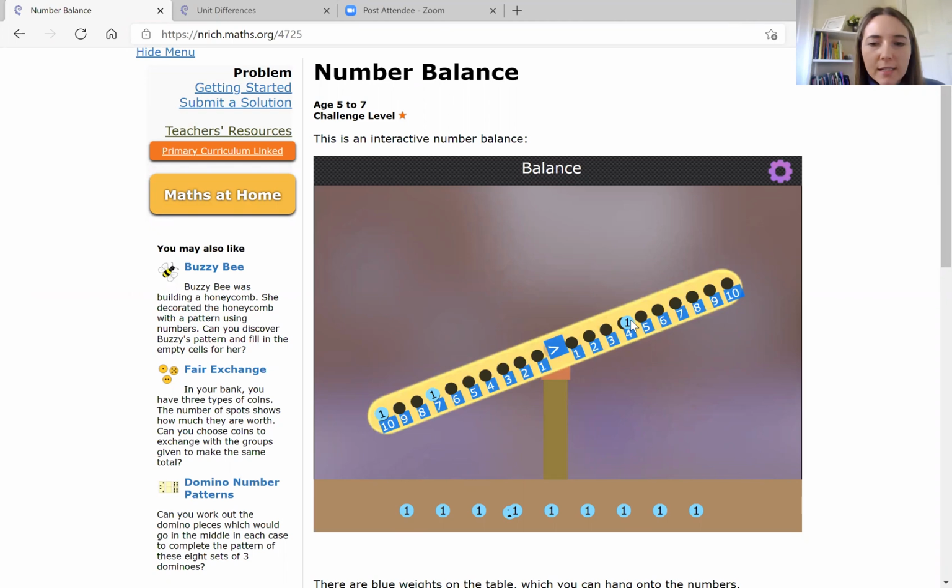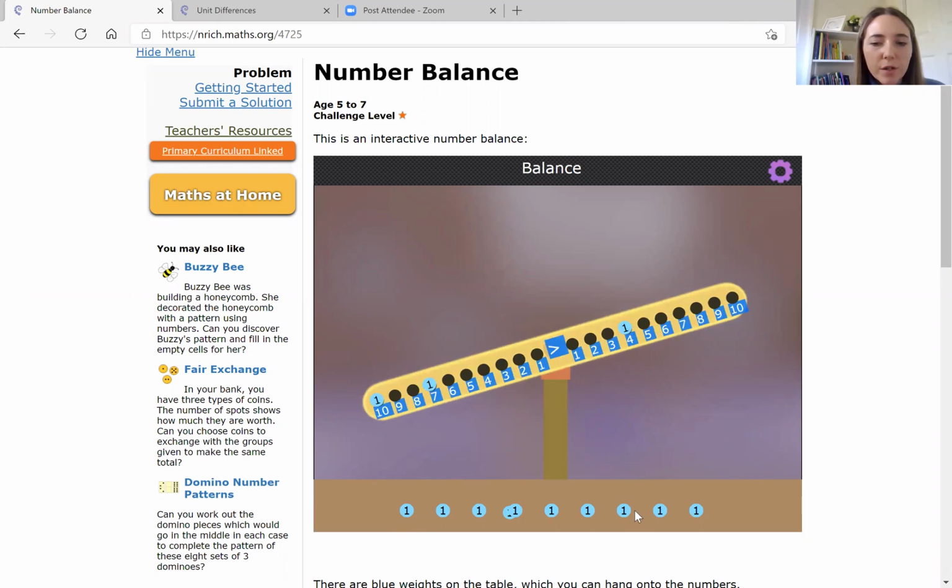Is that always, sometimes, or never true? You'd have to put another weight on there to find that out. So again, you need to think of your testing criteria first. What are you going to test? Which numbers might you put them on to test that out? And then have a go, investigate, and tell me what you found out by writing your conclusion.